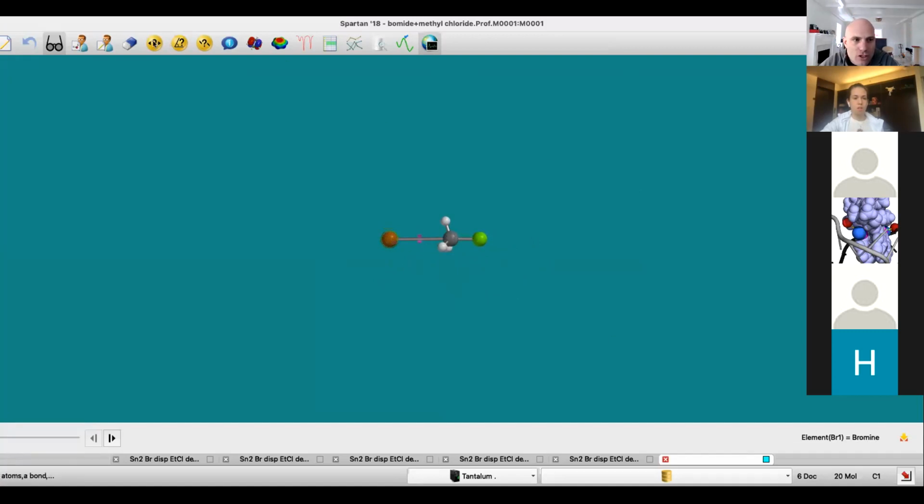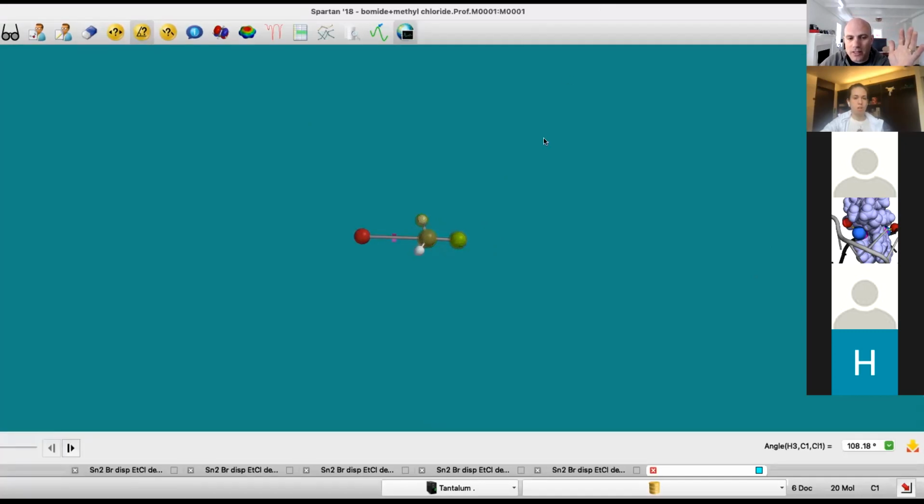If we measure this length, it's about 3.8 angstroms, and that's much longer than a carbon-bromine bond. So it's drawn in there, but it's not actually a bond. So you can think about this as basically the starting materials: Br minus and methyl chloride. If I measure the bond angle here, we're about 108.2 degrees. Okay, so it's basically tetrahedral, and this is your bromide attacking.